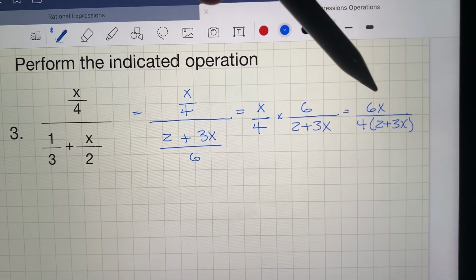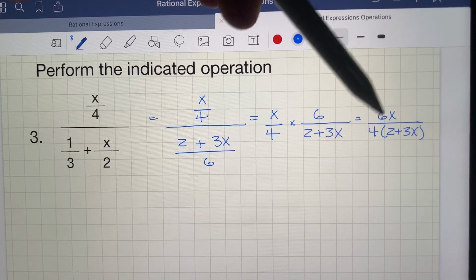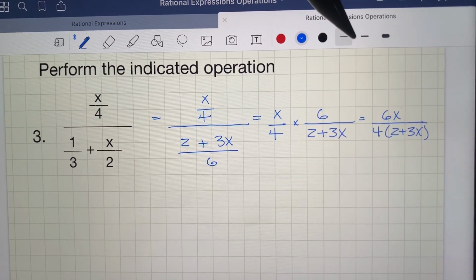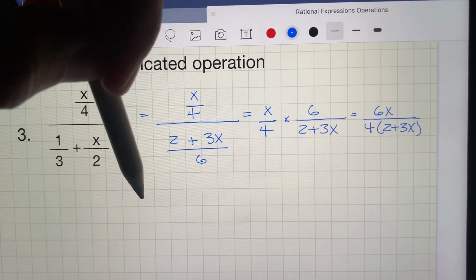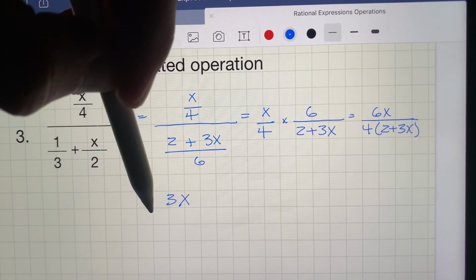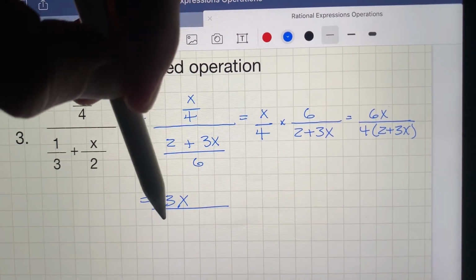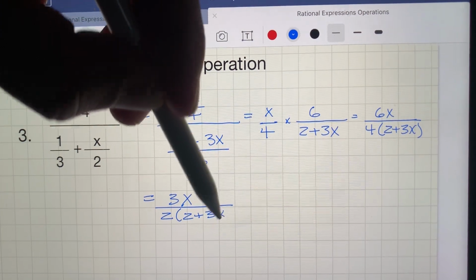Then I can take half on these to reduce the 6 and the 4. So I have 3x over 2 times 2 plus 3x.